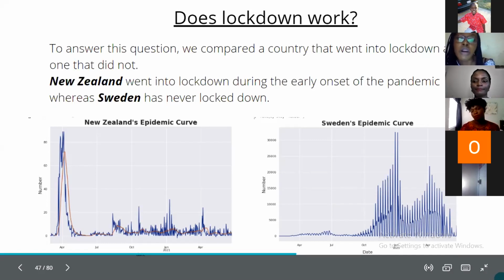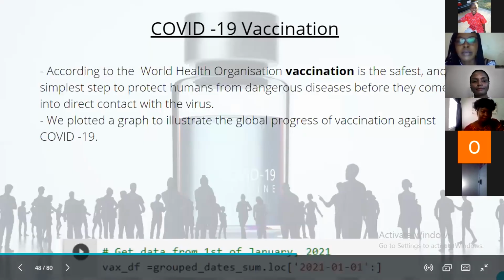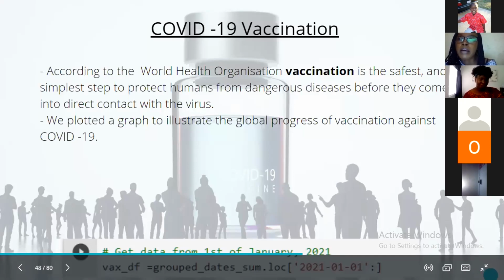In addition to lockdown, there are other measures that we can take. And one of the best proven measures to deal with a viral disease is vaccination. It's sad to say that most viral diseases do not have a cure, COVID-19 being one of them, coronavirus disease. The reason for there not being a cure is that viruses tend to mutate.